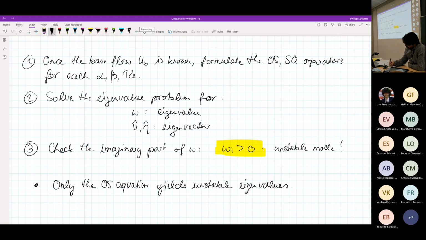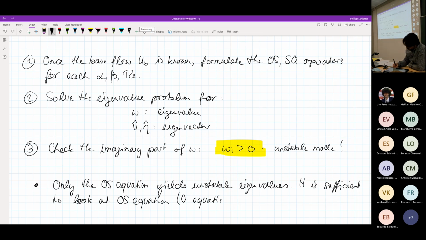So that means in order to get the unstable omega, it is sufficient to look at the Orr-Sommerfeld equation, which of course in the end is just the equation for V hat, so the V hat equation.